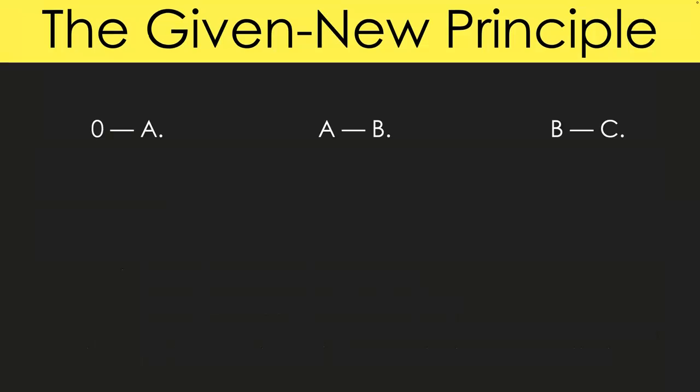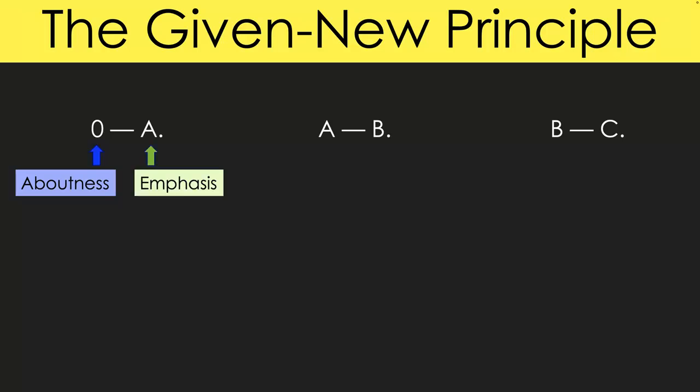So let's look at the structure of this, because I want to show you what it could look like. This is basically one of the ways that the given new principle would operate. You start with information that we know, and we'll just call that point 0. Here's what readers should kind of know to get started. And then we emphasize a new piece of information. Then we take that piece of information, and it becomes the beginning of our next about.